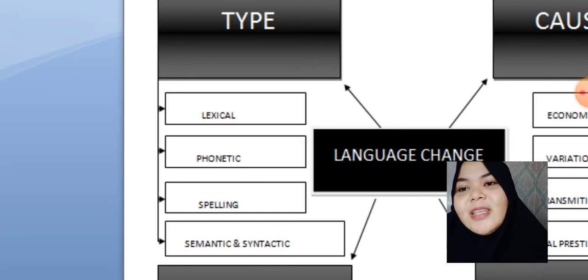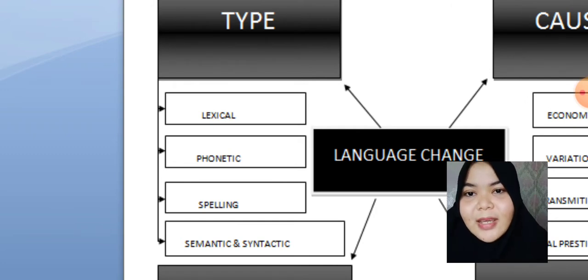Now let's go to the phonetic change. A phonetic change is a change of language that happens because of, for example, eliminating or changing the phonetic sound of the language. For example, in the past, we said father with a v sound. We said it not like now with an f sound.